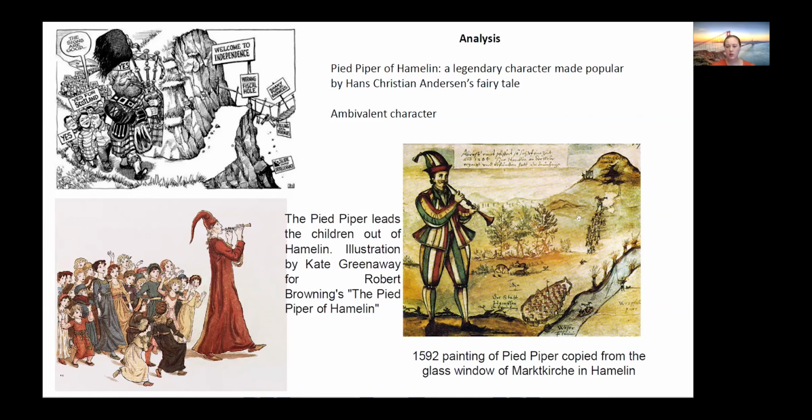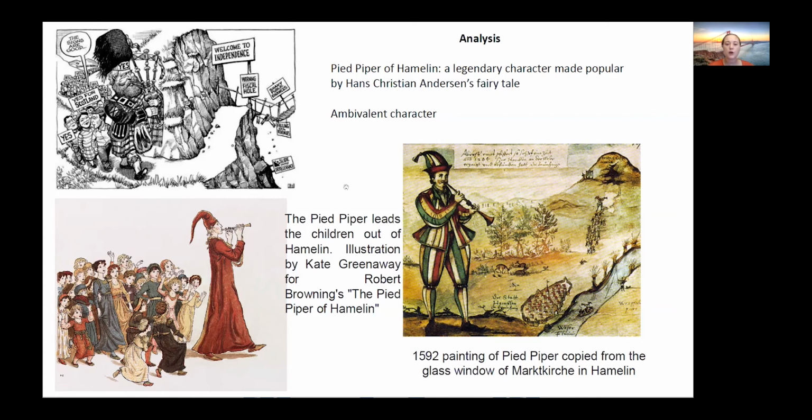And you should contextualize this interpretation of Pied Piper of Hamelin: the medieval plague was caused by the rats. So this character leading the rats out of the city, out of the town, means delivering the city from the plague. So he appears as a positive character.